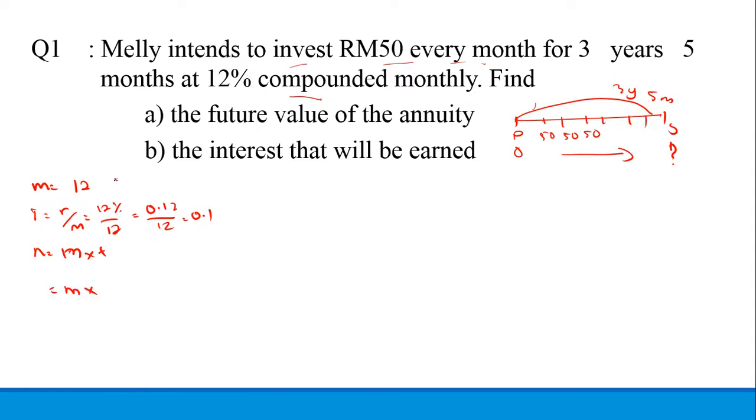First I need to find t. T equals 3 years plus 5 divided by 12 months, and I get 41 divided by 12.